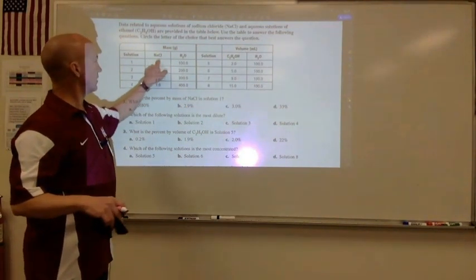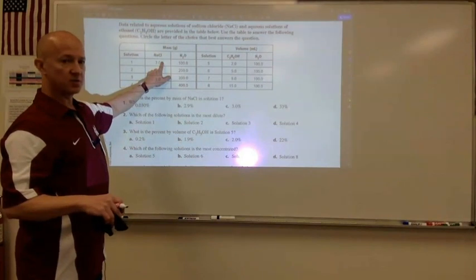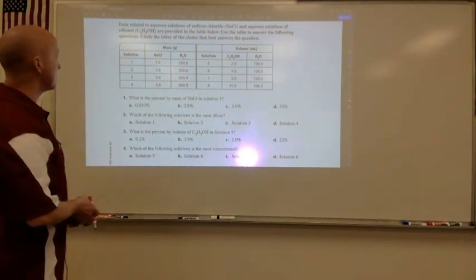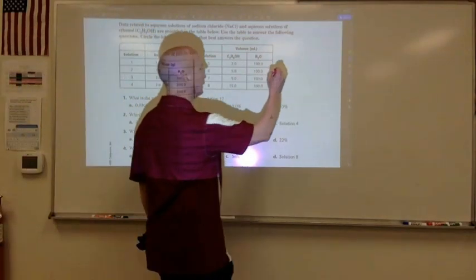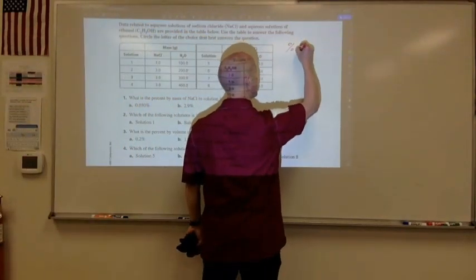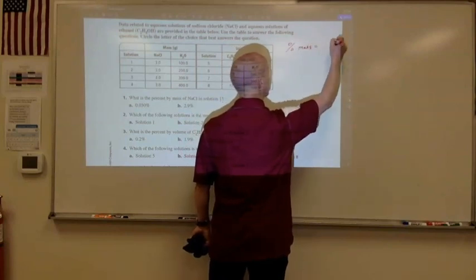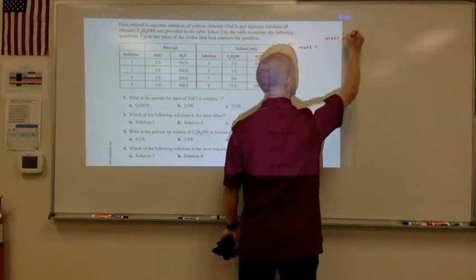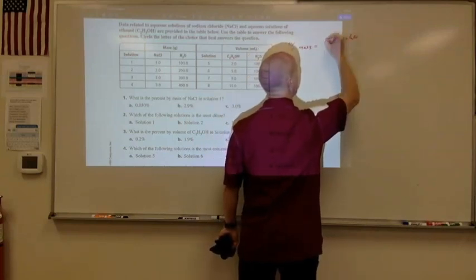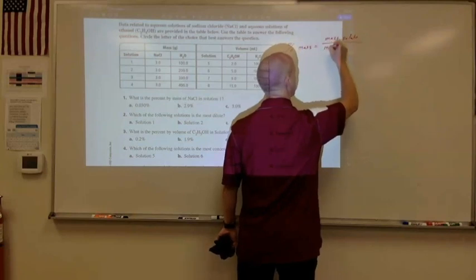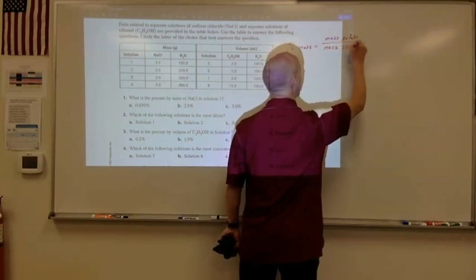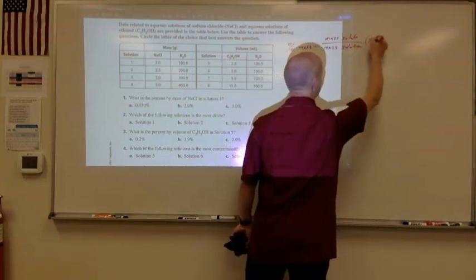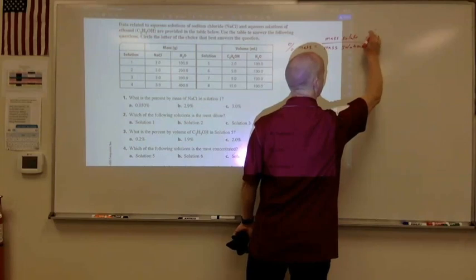So this solution right here, 3 grams of solute, 100 grams of solvent. And remember what percent by mass is. I'm going to write it right over here. Percent by mass is the mass of the solute over the mass of the solution, times 100.